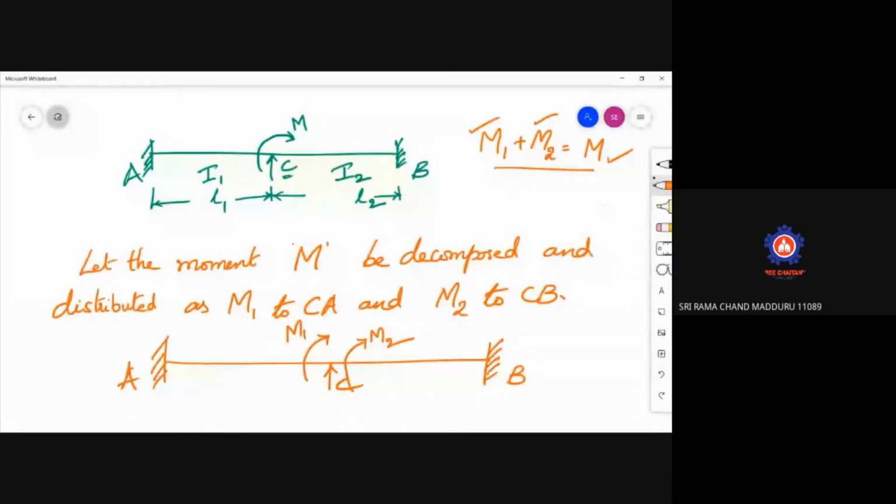As M is acting at joint C, this is decomposed into M1 and M2. So M1 is corresponding to CA span and M2 is corresponding to CB span.